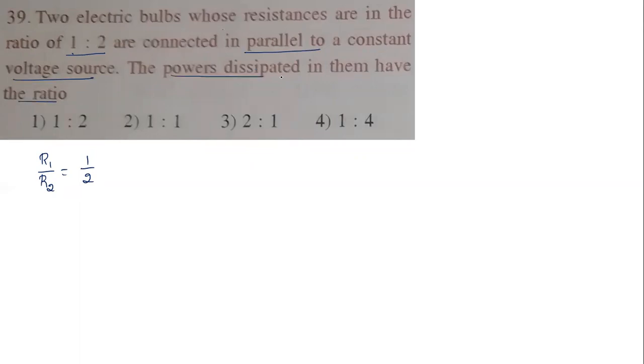Now we need to find the power ratio. What combination? Parallel combination. What is constant? Voltage is constant. So I need to take an equation of power in terms of voltage. What is the formula for power? Power equals V square by R. There is one more formula, power equals I square into R. This formula is used when current is constant.